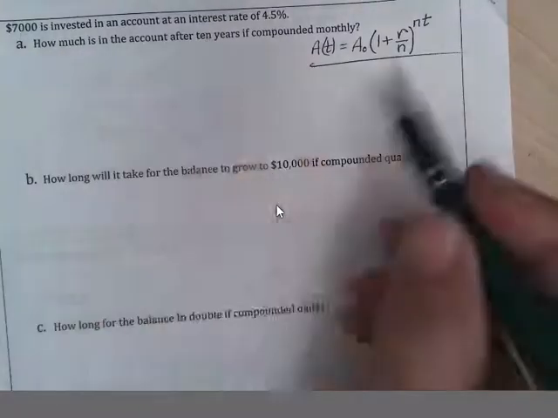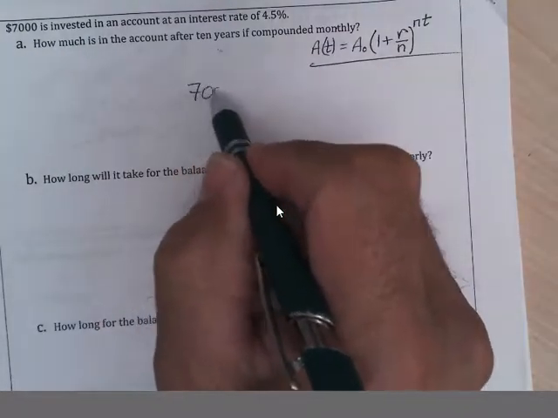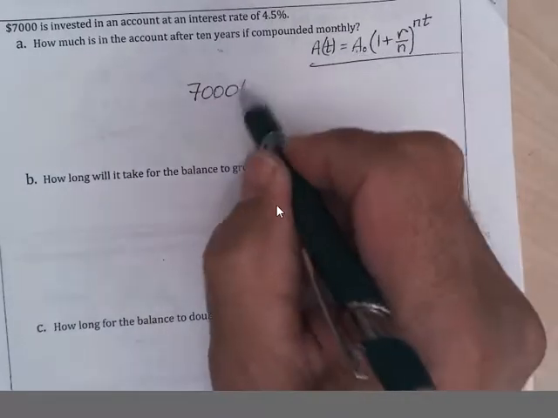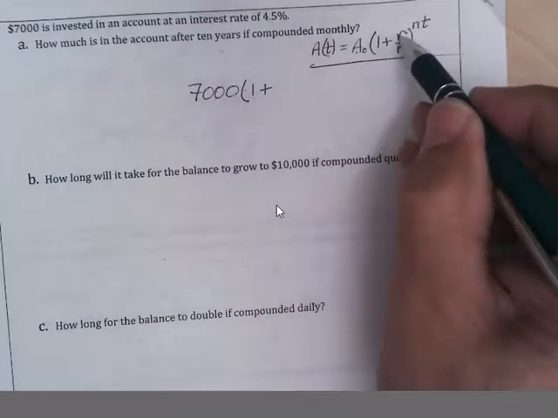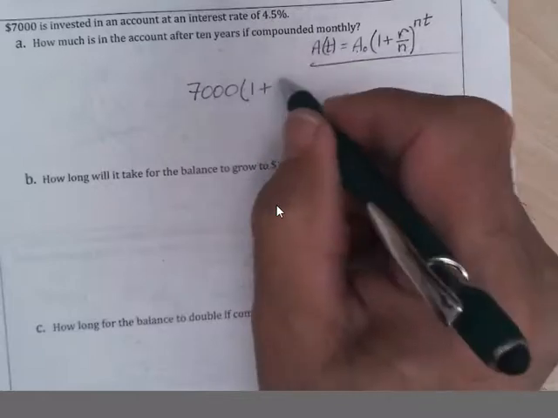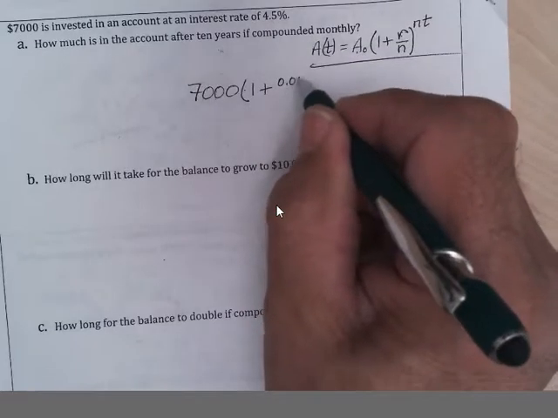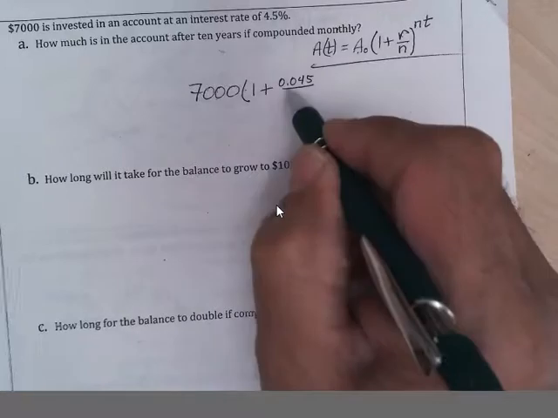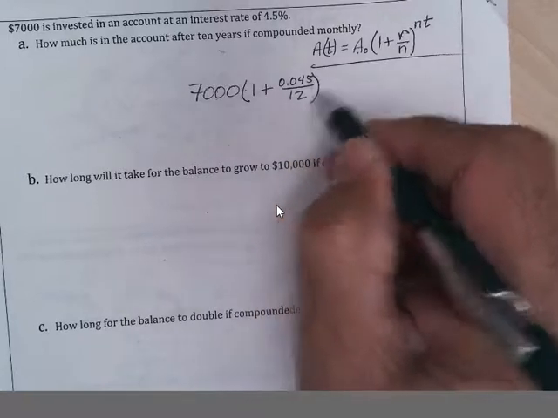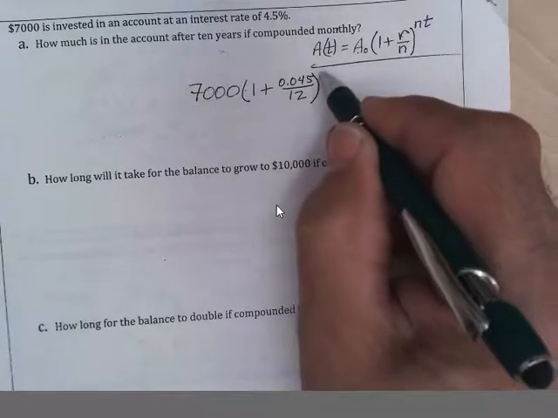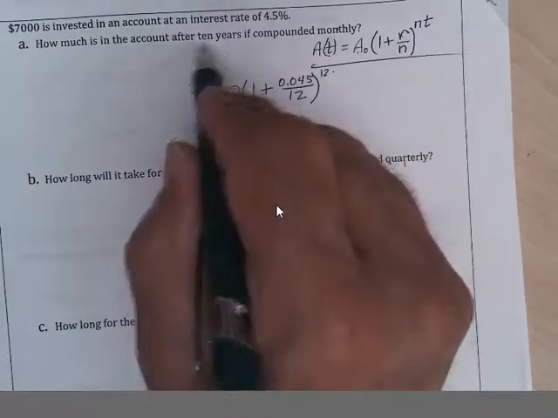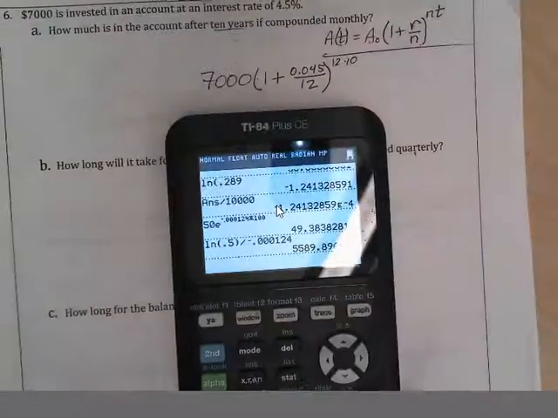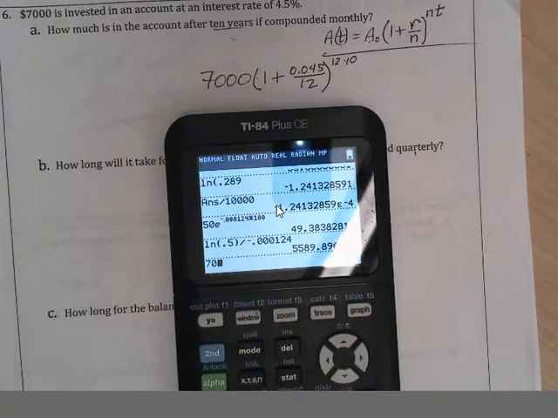If we're starting with 7,000, that's the starting amount, times 1 plus interest rate 4.5% or 0.045 in decimal, divided by monthly would be 12, to the 12 times the years, 12 times 10, which is 120.